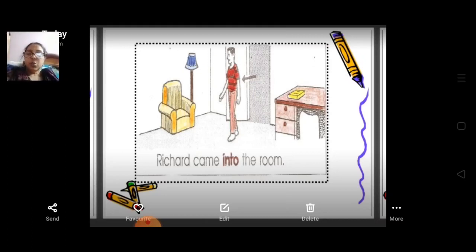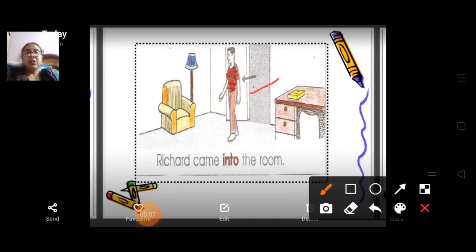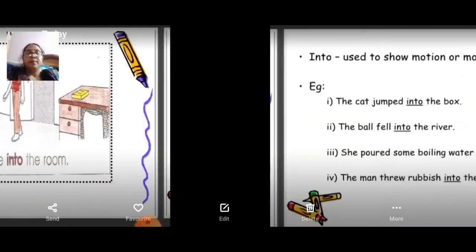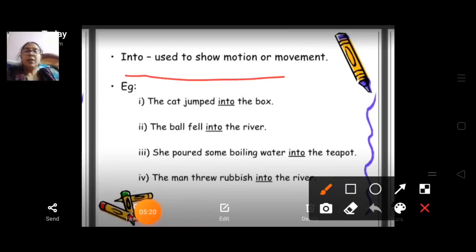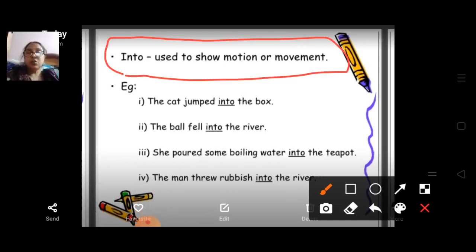If we are showing motion, with any action, then we use into. Here you can see Richard came into the room. From this direction you can understand. Now into is used to show motion or movement. Here it is written already, so please keep in your mind whenever you use into, it is with motion.